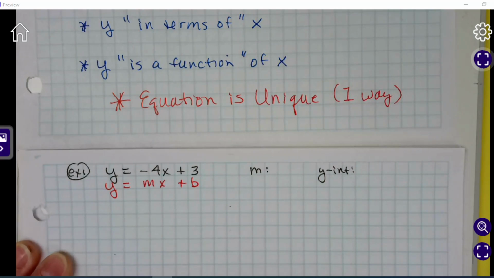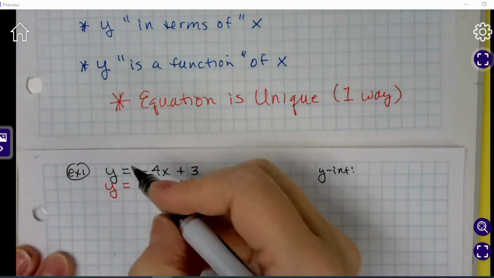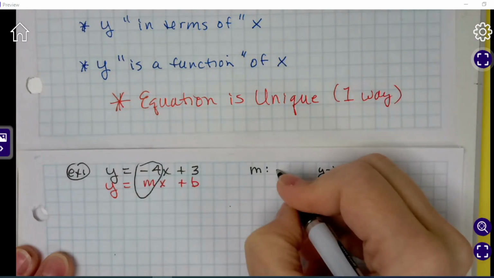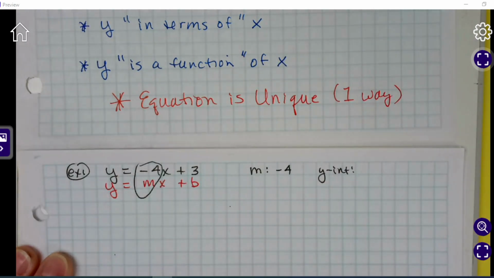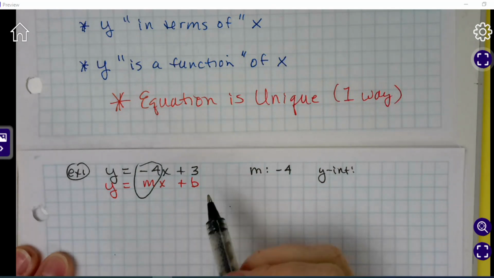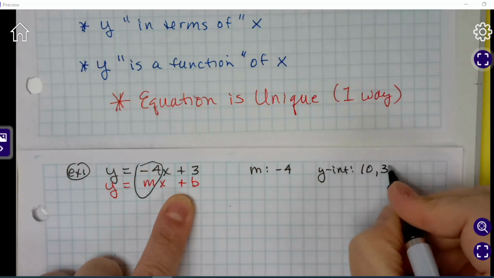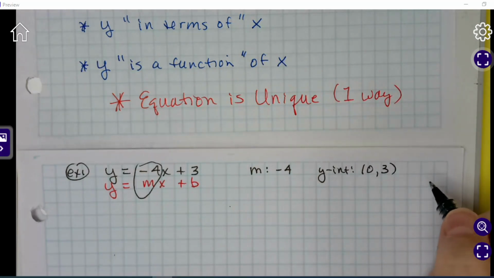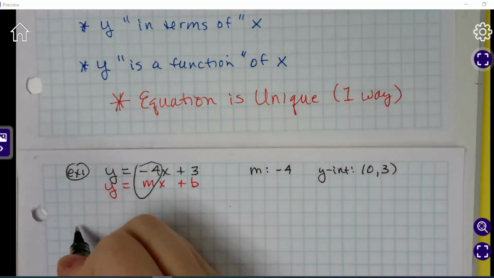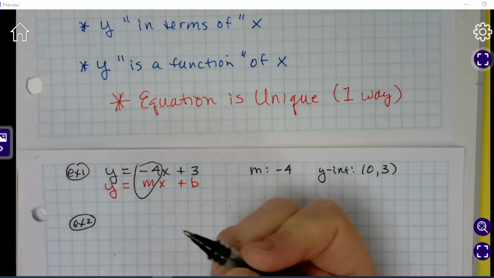If it's already in that form, you don't need to do any math. Just pull off what you need. So my slope m is going to be negative 4. Notice there's no x, just the negative 4. My b is 3, so my y-intercept is 0, 3. We're going to write it as a point. So that's the first couple problems. Just pull the values right off the equation.